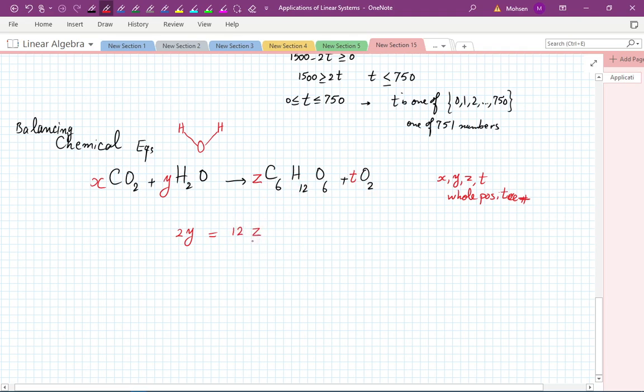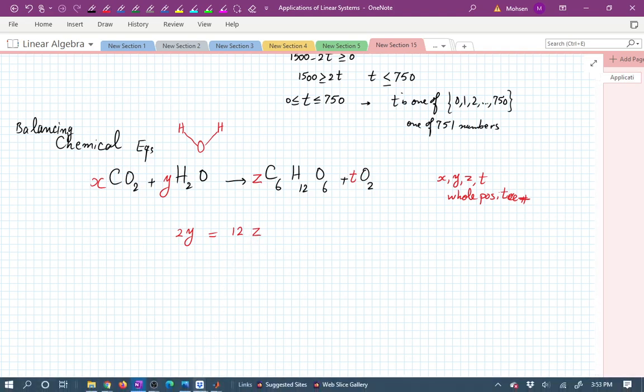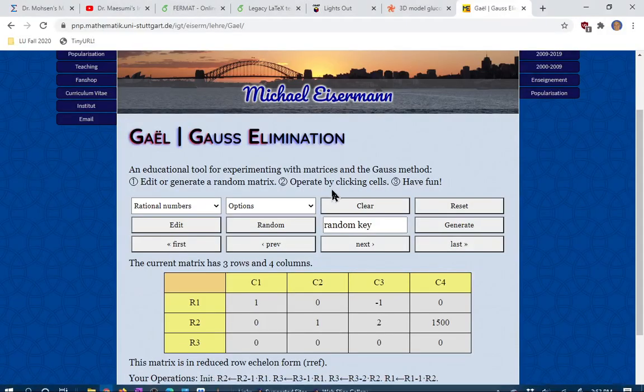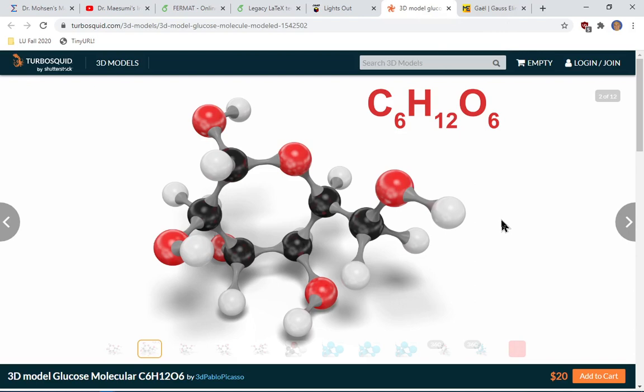Maybe I take a short pause here to show you a picture of this glucose. Trying to find a nice website, but probably you find a better one than I do. So this is the glucose molecule, the one that we're talking about. These are the oxygens, the red ones.